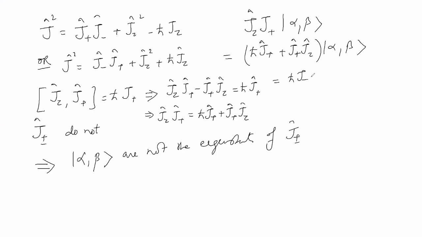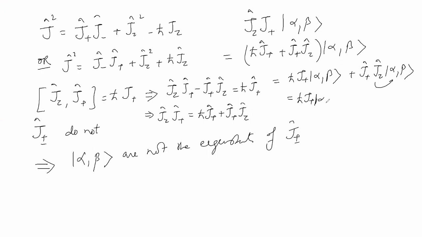This we will write as ħ J plus alpha beta plus J plus Jz alpha beta. And what is Jz operating on alpha beta? This gives us beta ħ by definition.